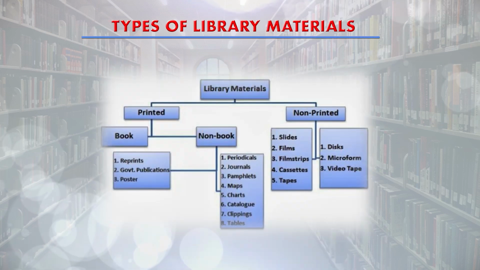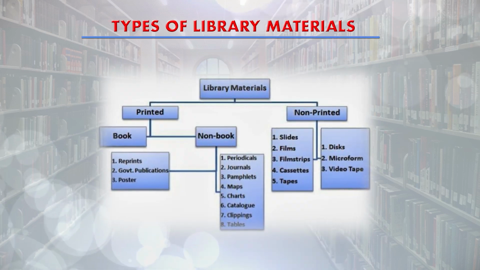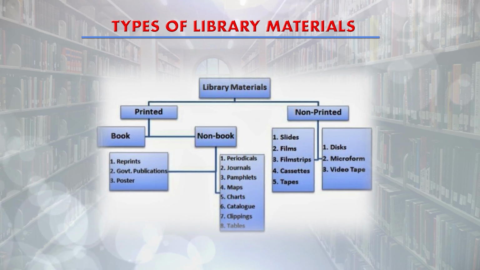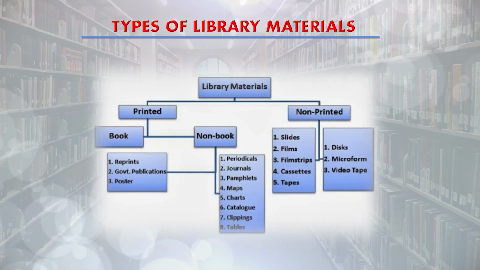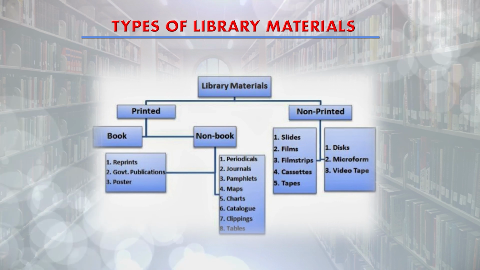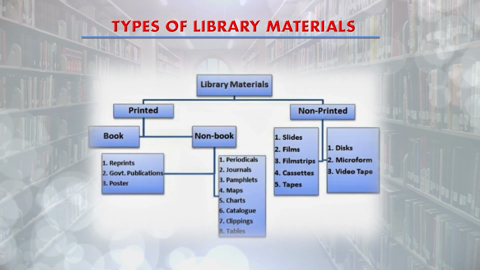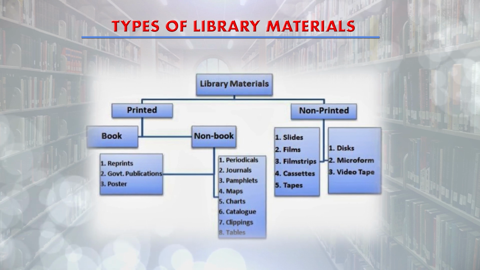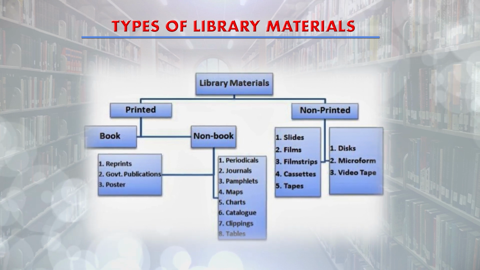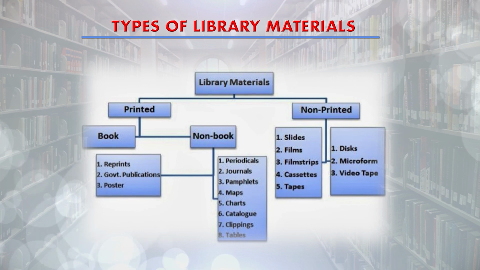So that's the way. Now let us first identify what all we need to actually accession. From the library material, it could be printed or non-printed material. It could be book, it could be non-book material. Now under the book I have written, it could be reprints, government publications, reports, posters and different other things.